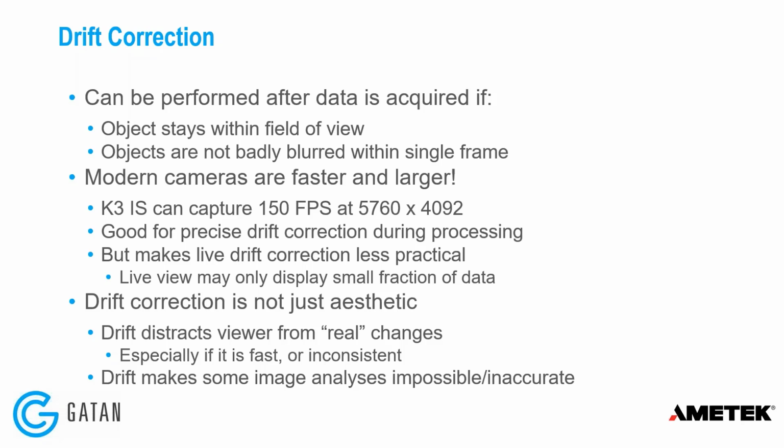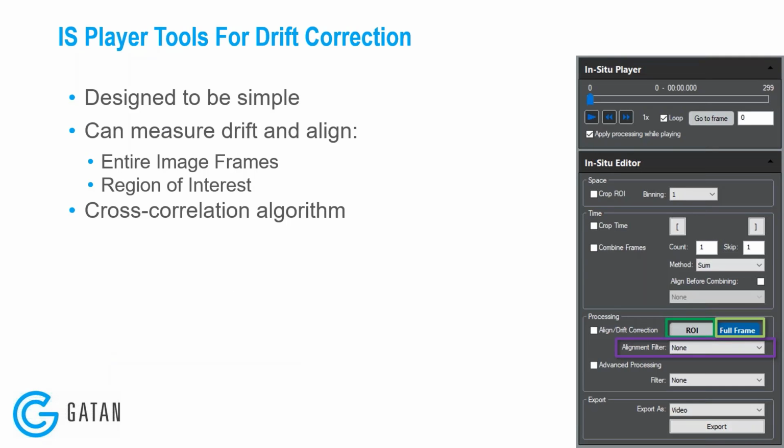And so if you are looking for something subtle happening in your material, if the drift is fast or if the drift is inconsistent, you might miss those subtle real changes in your sample because of the drift. And also drift can make some image analyses, automated analyses, impossible or inaccurate.